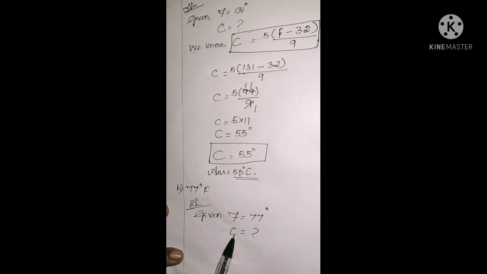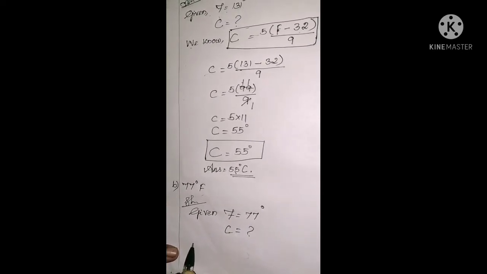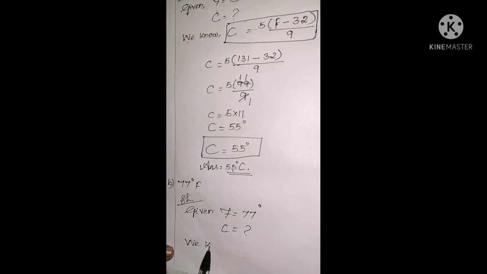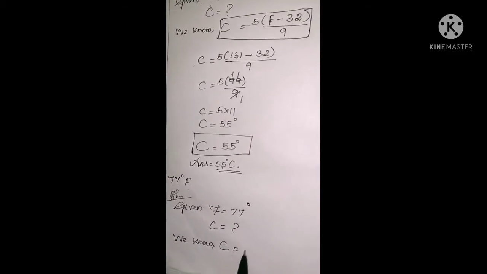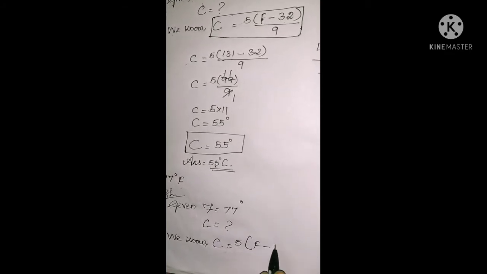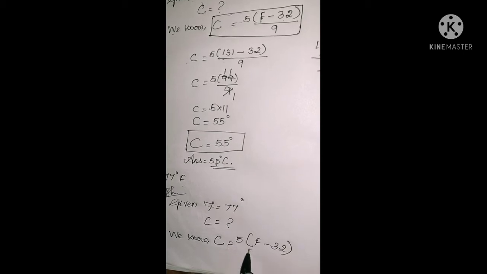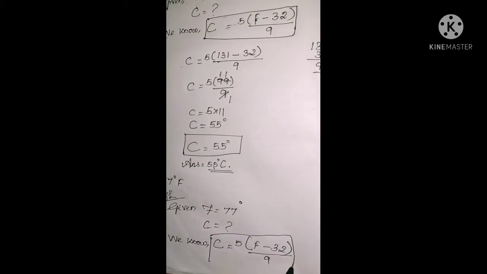We only have to find C, is it? So what's the formula? We know C is equal to 5 into F minus 32 by 9. So this is the formula we have to use.